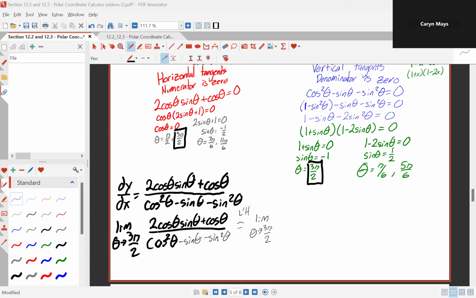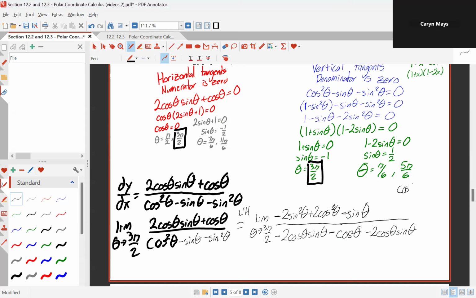The derivative of the numerator works out to be negative 2 sine squared theta plus 2 cosine squared theta minus sine theta, all over negative, the derivative of the denominator is negative 2 cosine theta sine theta minus cosine theta minus 2 cosine theta sine theta.